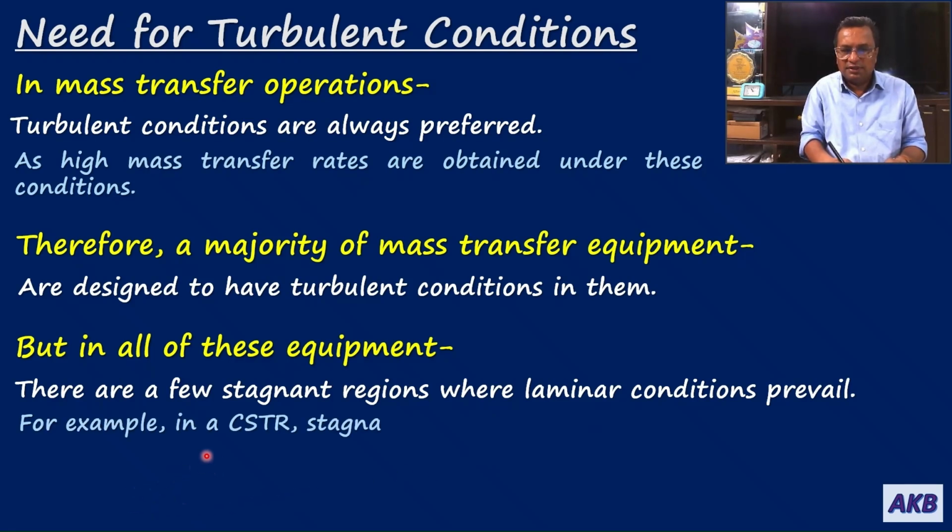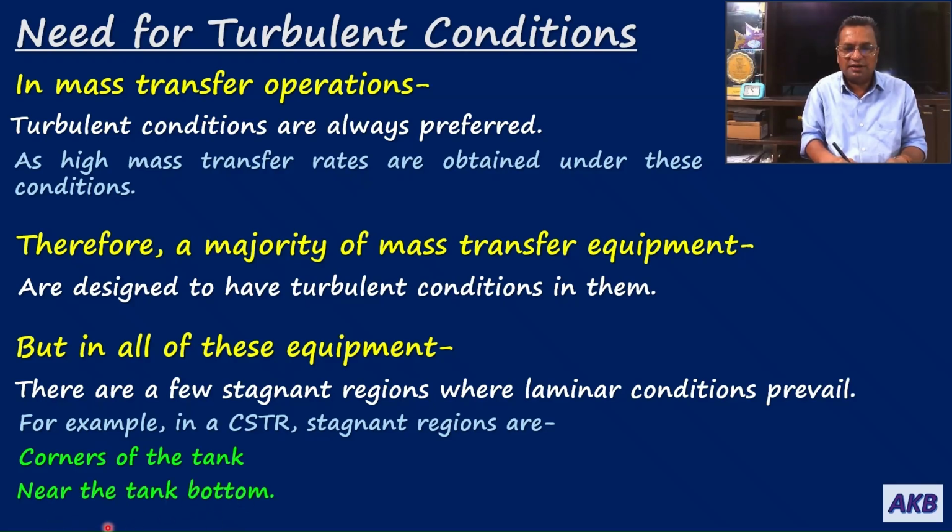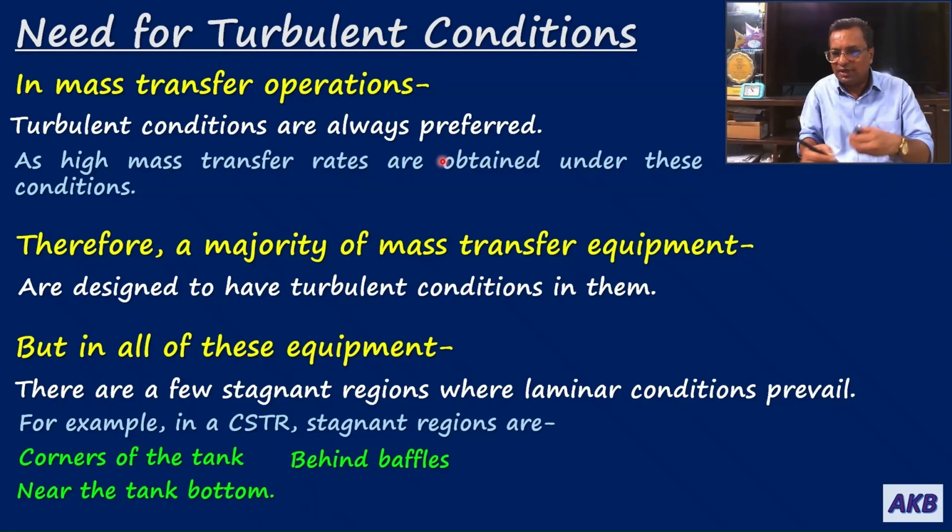For example, if you take the example of a CSTR, you can find stagnant regions in the corners of the tank, near the tank bottom, and even behind baffles. In these regions where fluid remains stagnant, laminar conditions prevail, and molecular diffusion will be predominant only in those places.